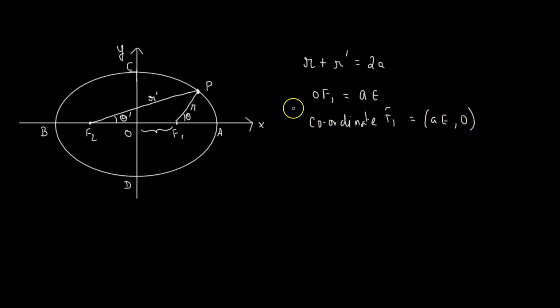So a here is given by L divided by 1 minus epsilon squared, and b will be a times the square root of 1 minus epsilon squared. We'll be using those parameters a and b to derive Kepler's three laws of planetary motion.